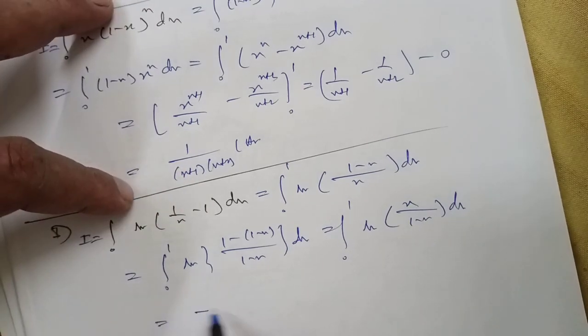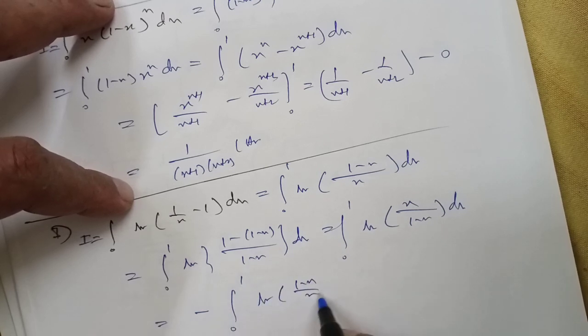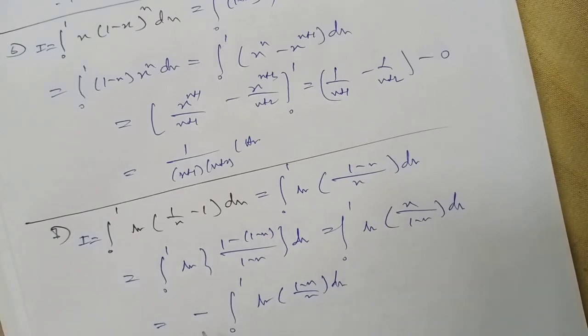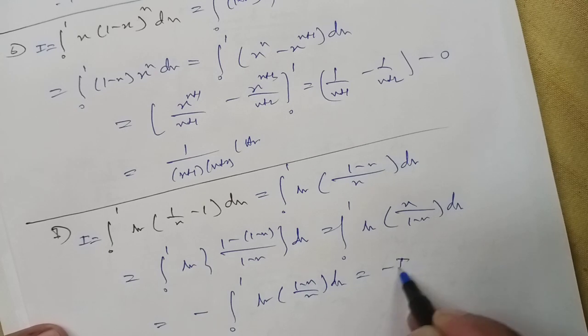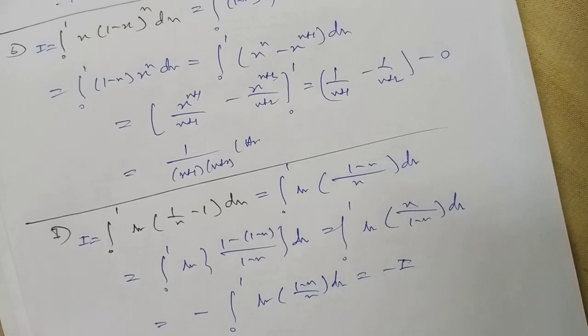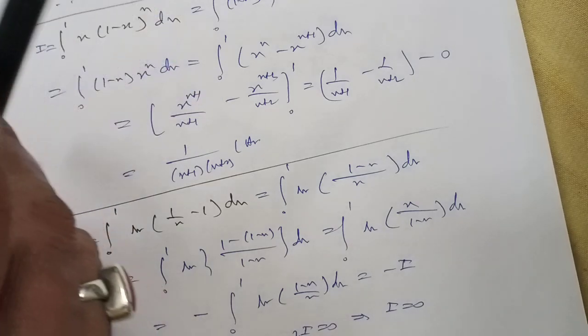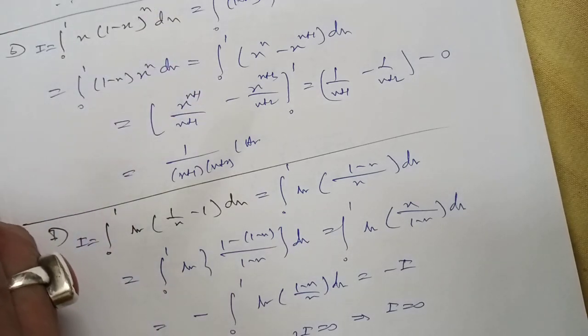So you can write it as minus integration 0 to 1 ln of (1 minus x) by x dx, because this is reversed, so minus sign comes in the first. So this is minus I. So you get I equals minus I, that is 2I equals 0, that is your I is 0. Very simple problem. Next, let us do the next problem.